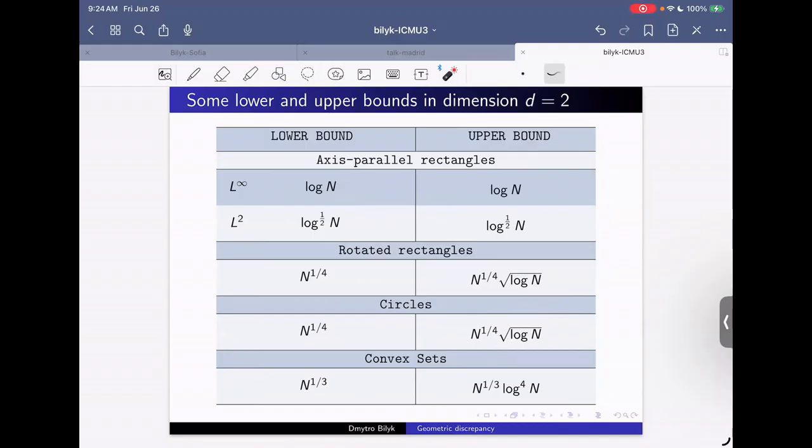Okay, and the bounds in the 2 following lines are very similar to the bounds for spherical caps that we have discussed in lecture 2. Okay, and then you have an even larger bound if you consider all convex sets. You can see that the bounds in all of these cases are almost tight. So you have the same power of n. The upper bound differs by a power of logarithm.